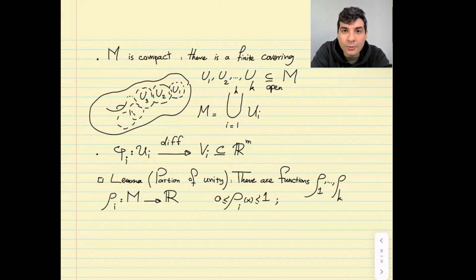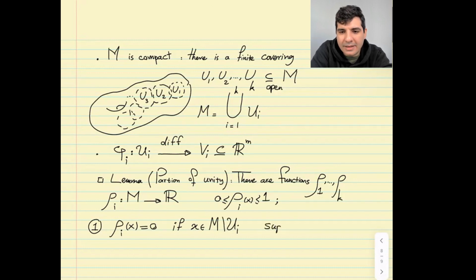And it satisfies two properties. Essentially, since our manifold is compact here, there are two essential properties. One is that rho_i of x equals 0 if x is not inside U_i. So if x is inside M minus U_i, rho_i would be 0.